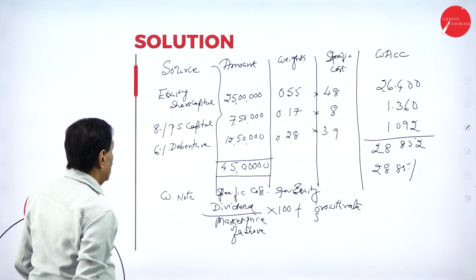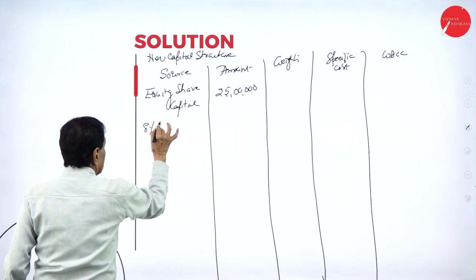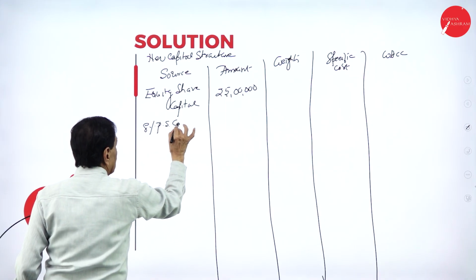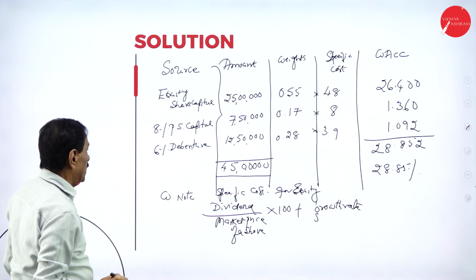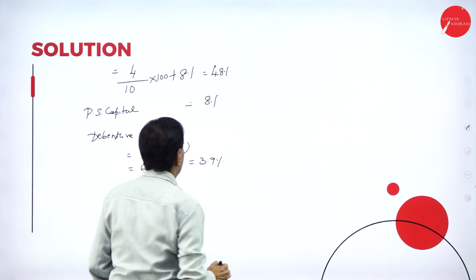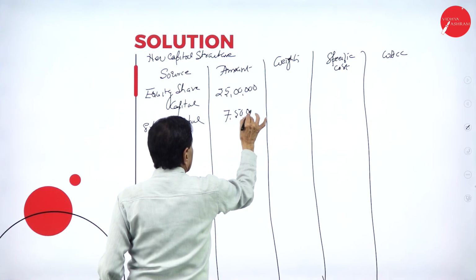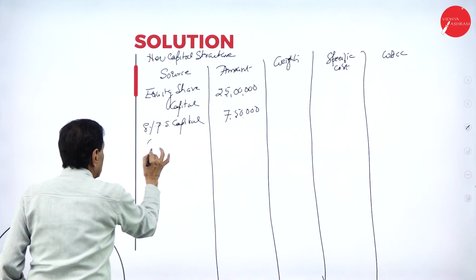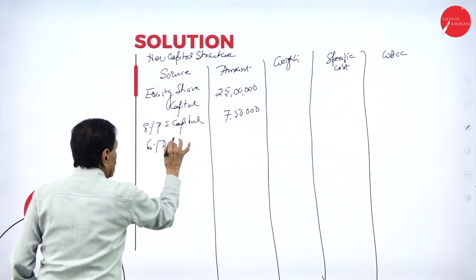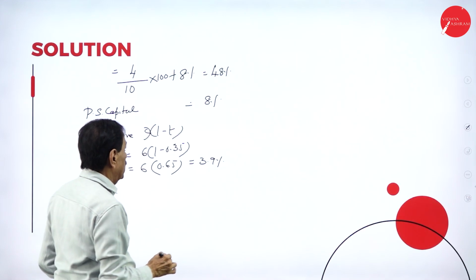Then 8% preference share capital, 7,50,000. Then 6% debenture, 12,50,000.